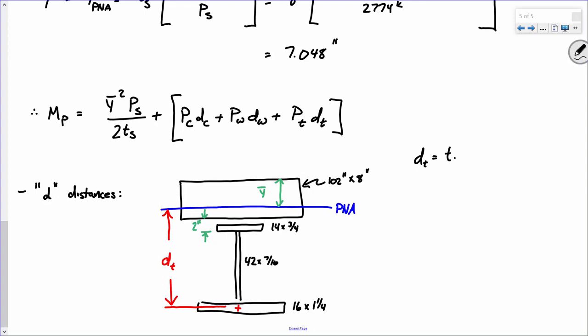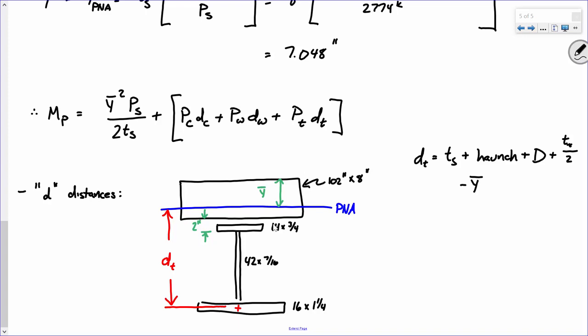I'm going to say t sub s, plus what? The haunch. Plus what? The web. We don't add that flange thickness, right? The whole web plus that thickness over 2, right? Minus Y bar.